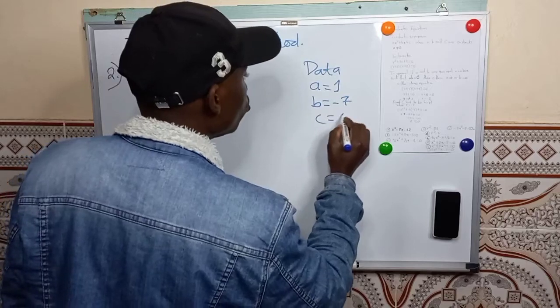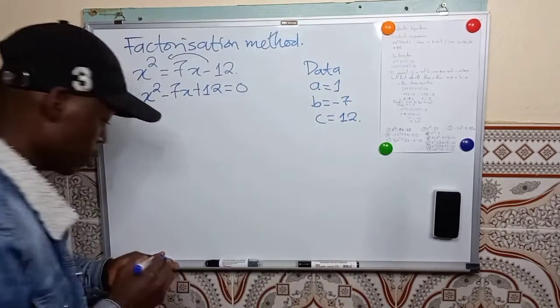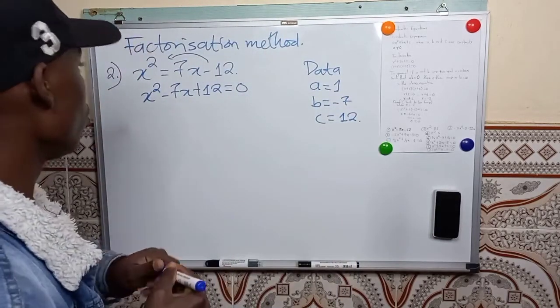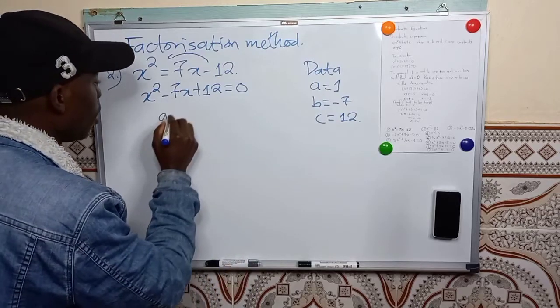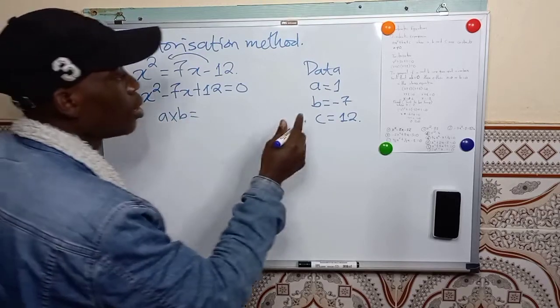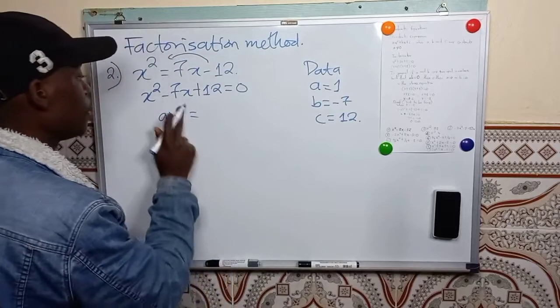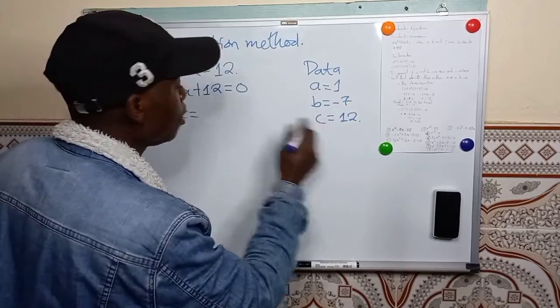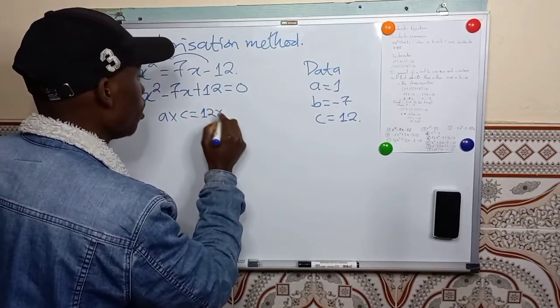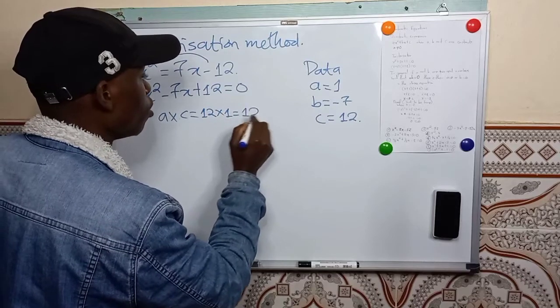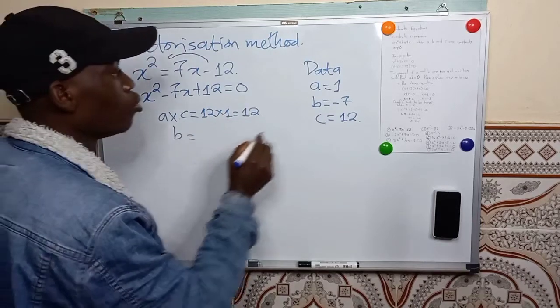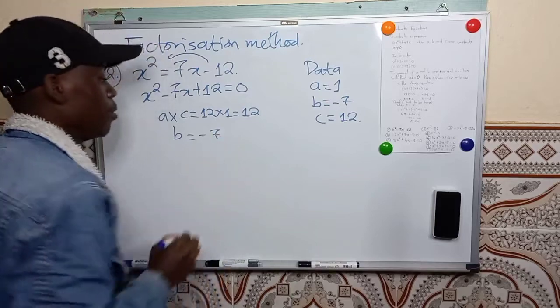And our c is equal to 12. So you look for two numbers. a times c is 12 times 1, which is equal to 12. And our b is equal to -7.